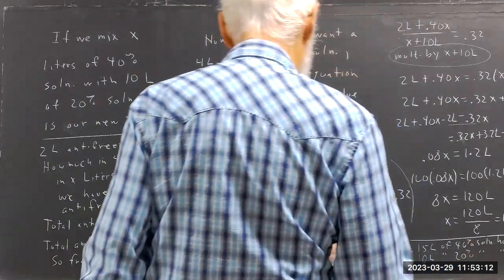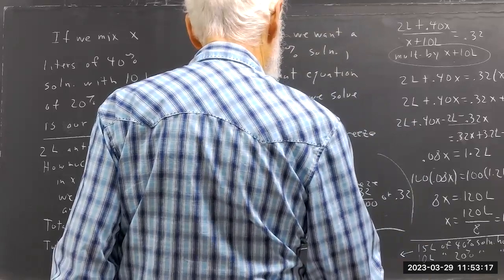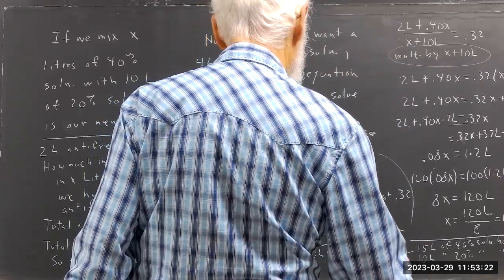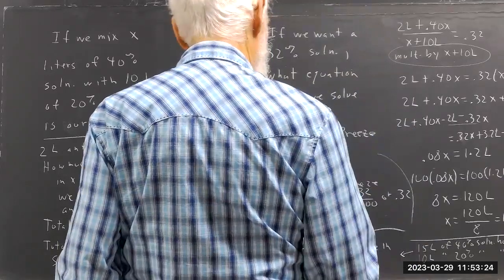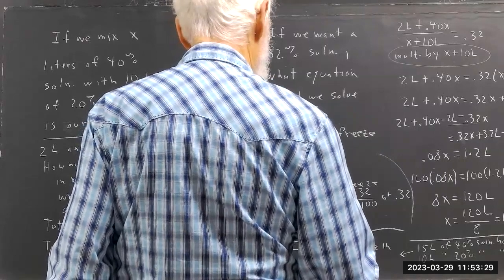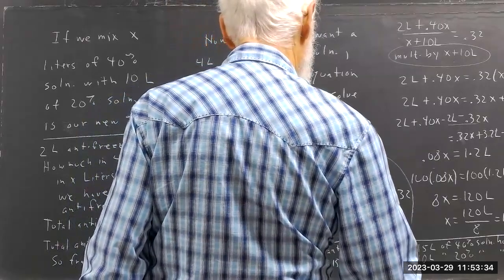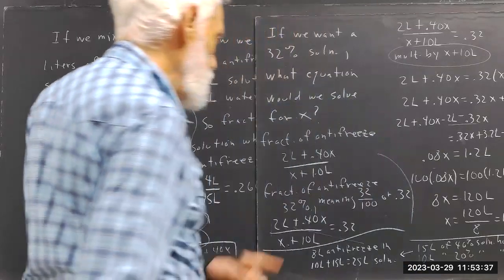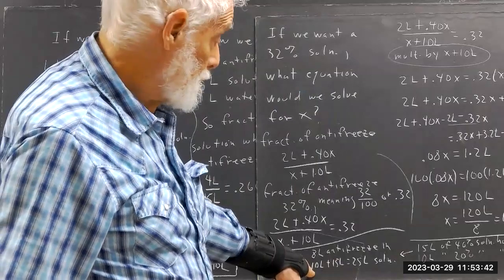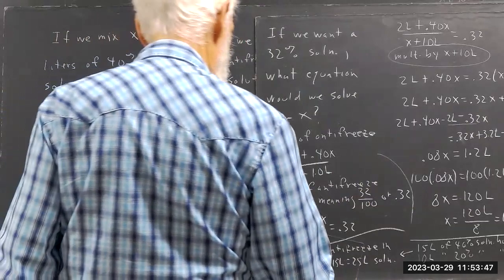So we have 8 liters of antifreeze in 25 liters of solution, the 10 liters we started with and the 15 liters we just found.